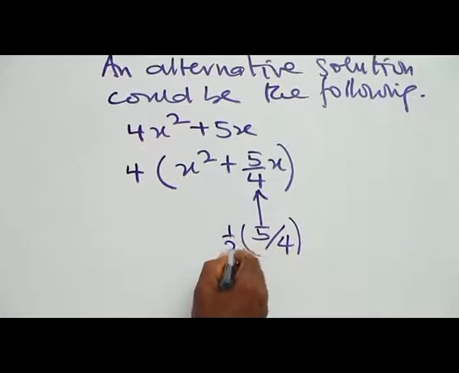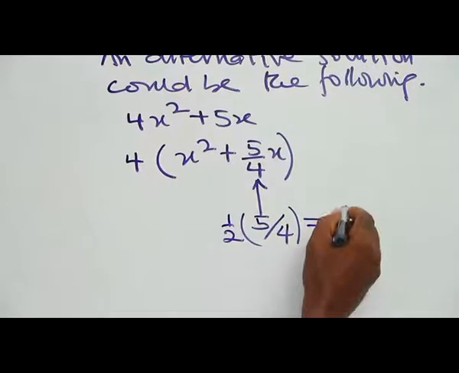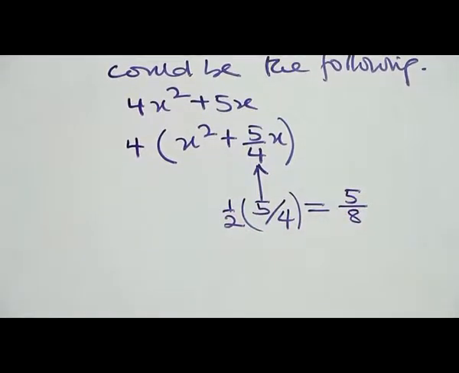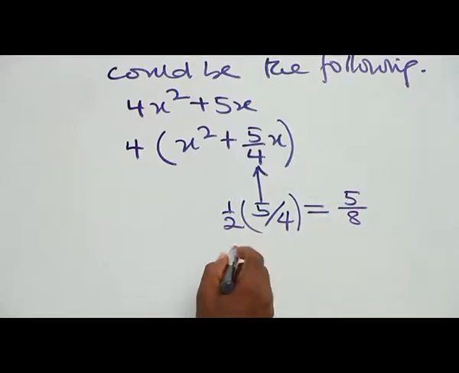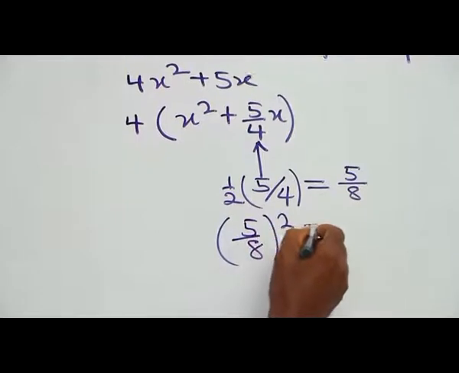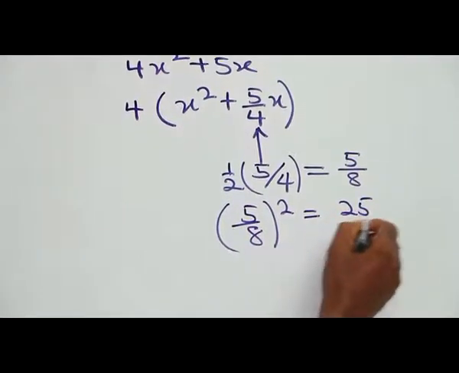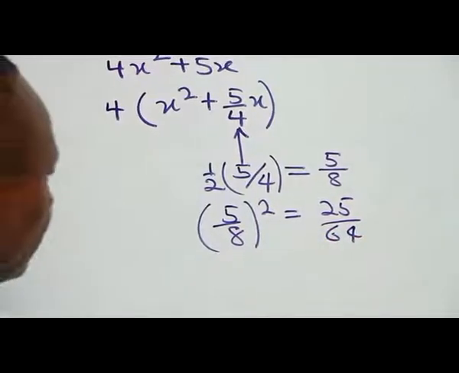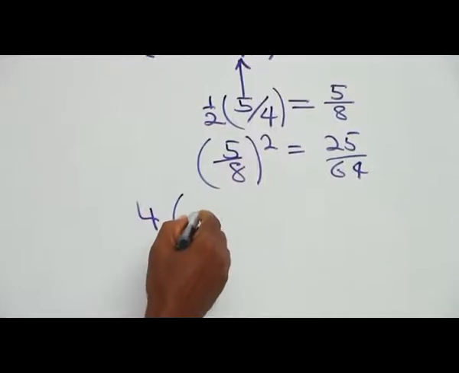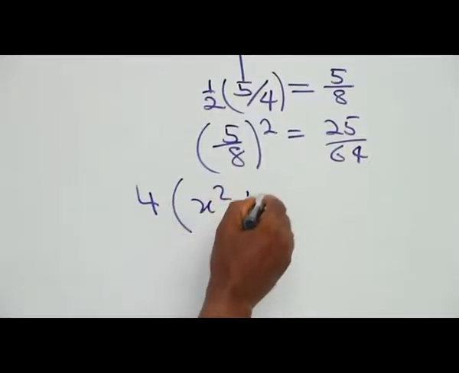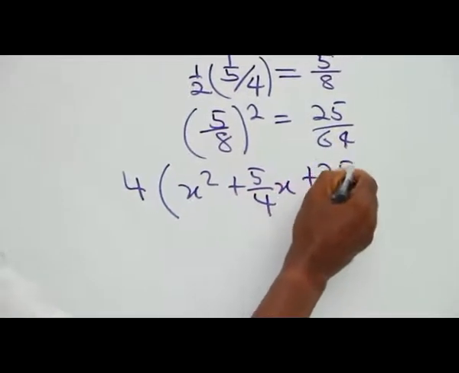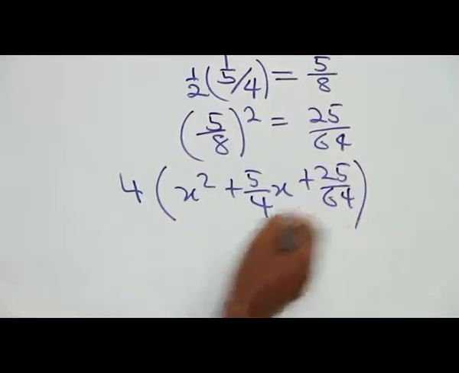You find half of this coefficient, and this will give you 5 all over 8. Now you will square that value, 5 over 8. If it is squared, we give you 25 over 64. Okay, so we now have 4 into s squared plus 5 all over 4s plus 25 all over 64.